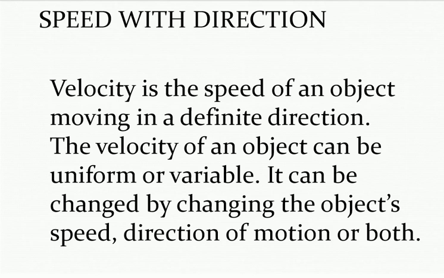So if speed changes, that means the numerical value changes, so velocity will change. If the direction changes, velocity will also change, because velocity depends upon speed as well as direction, the magnitude as well as direction.